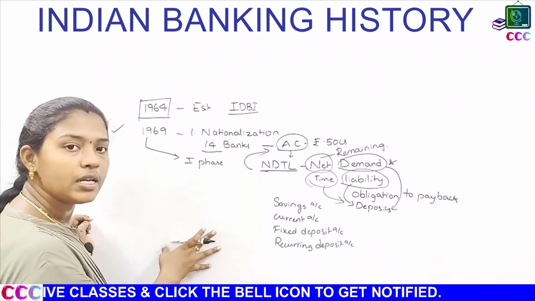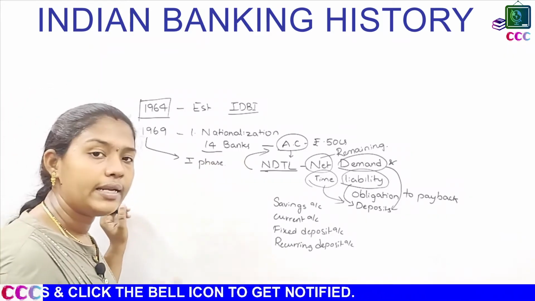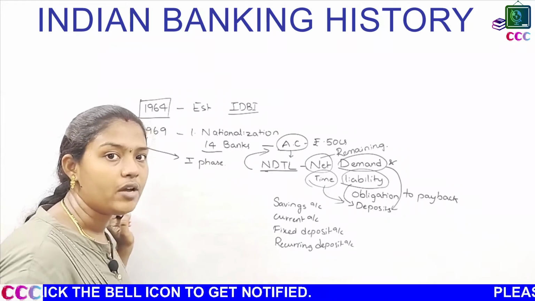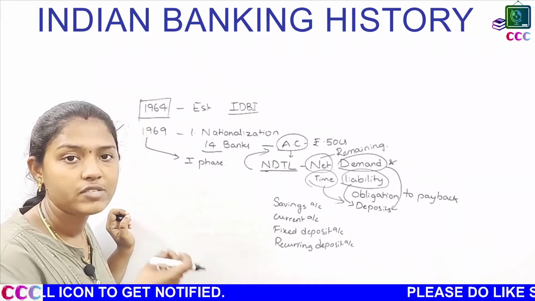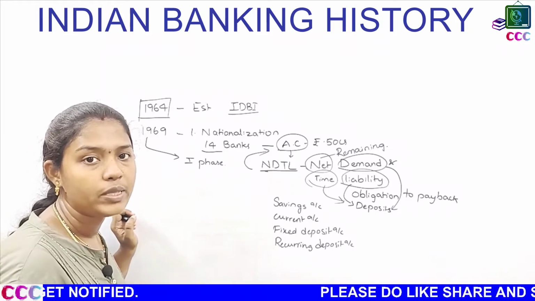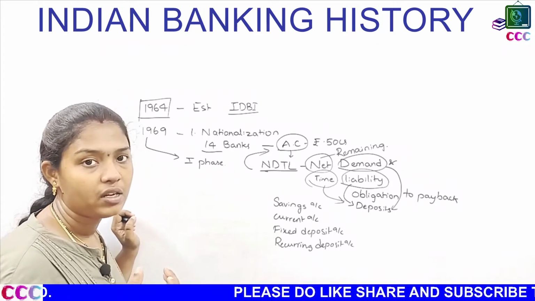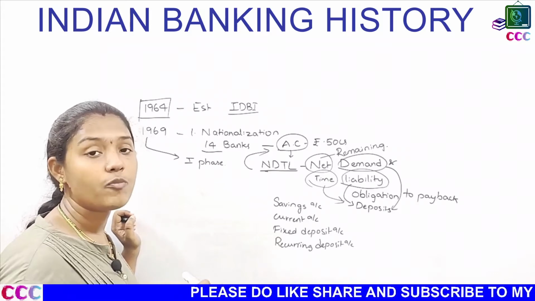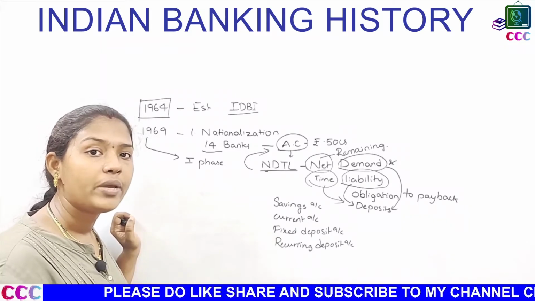How many banks got nationalized? 14 banks. What is the meaning of nationalization? The entity is taken over by the Government of India with the Transfer of Ownership Act, with the permission of the Central Bank as well. What is the Central Bank of India? Reserve Bank of India is said to be the central bank. Wherever the Reserve Bank branches are not there, who will act as the agent of RBI?